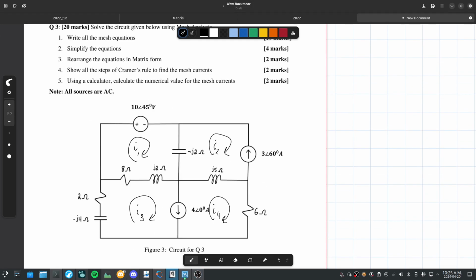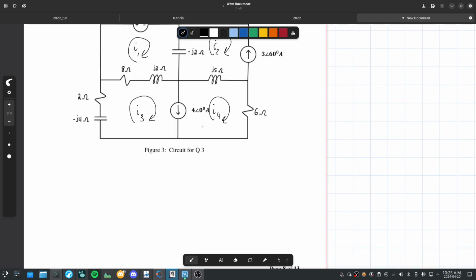The second thing we want to do after drawing our mesh directions is seeing if we can create a supernode or a super mesh. Recall that a super mesh in mesh analysis is when two currents share a current source, like so.